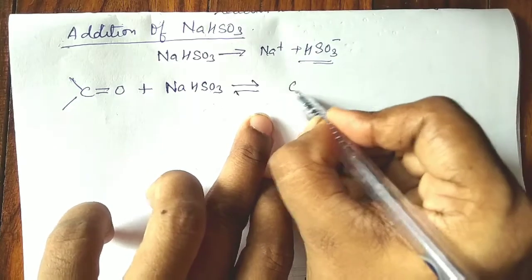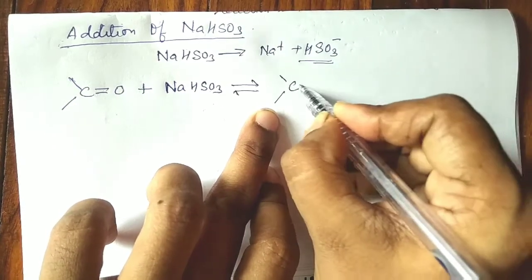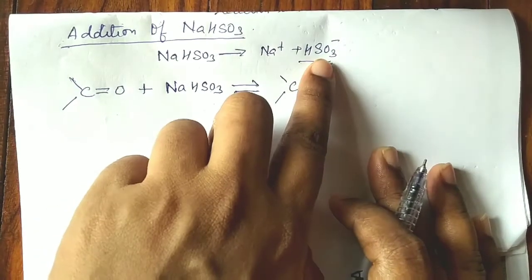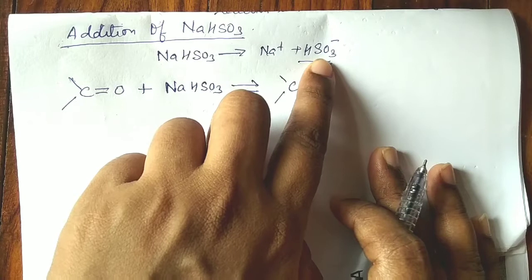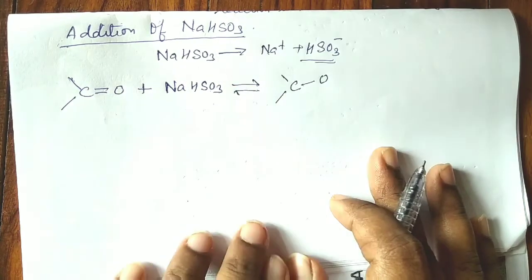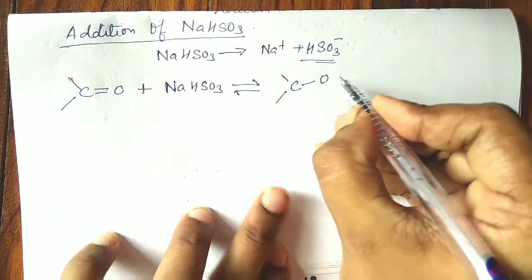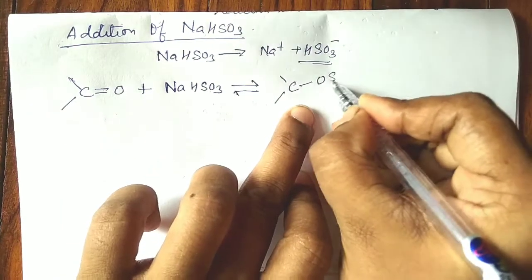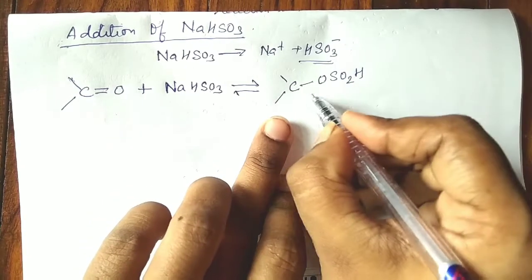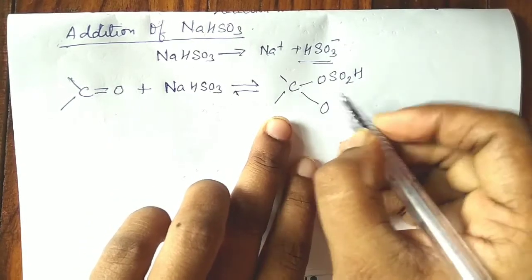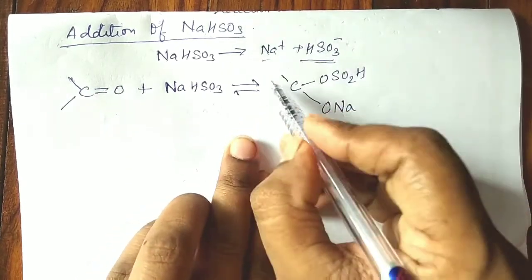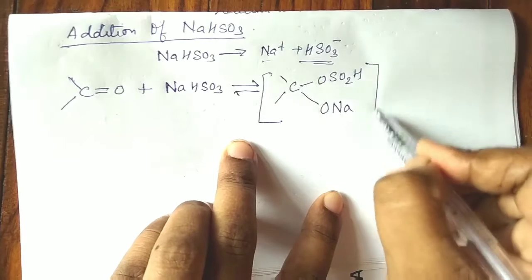So it will form the intermediate as O. You know that if the negative charge is on this hydrogen sulfite, then the negative charge will obviously be on oxygen because it is the most electronegative element among all these. So O, SO2, H, and oxygen, and sodium ion will be added to the oxygen. So this is the intermediate which is formed.